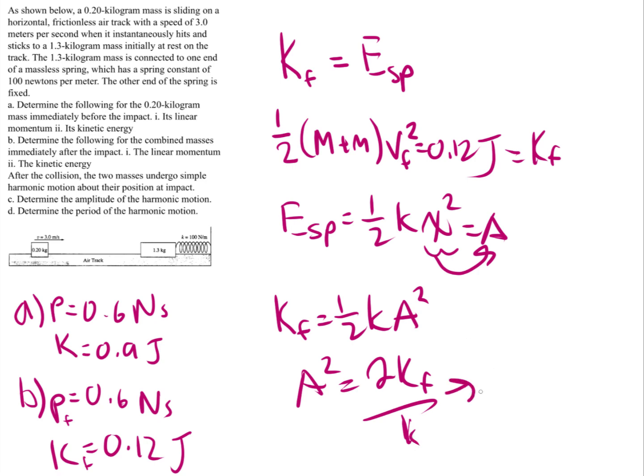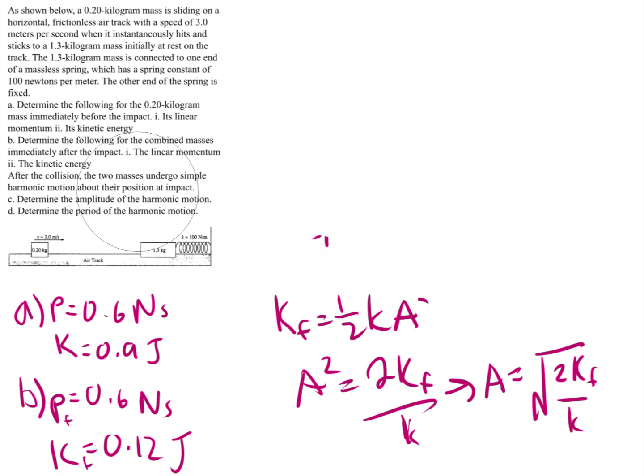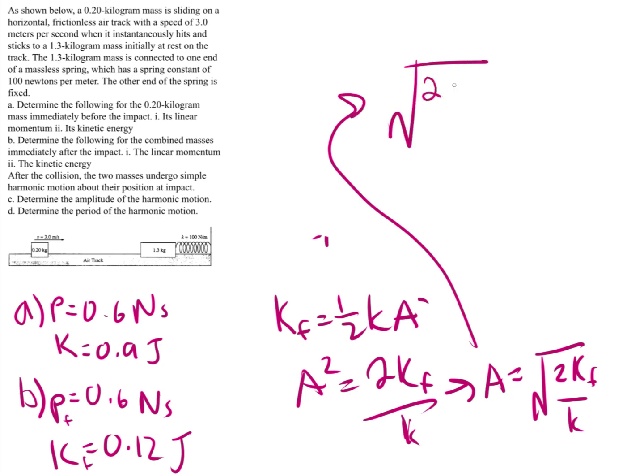A is equal to the square root of 2 times the final kinetic energy divided by the spring constant k. Now we plug everything in: 2 times the final kinetic energy we calculated earlier, 0.12 joules, divided by the spring constant of 100 newtons per meter.